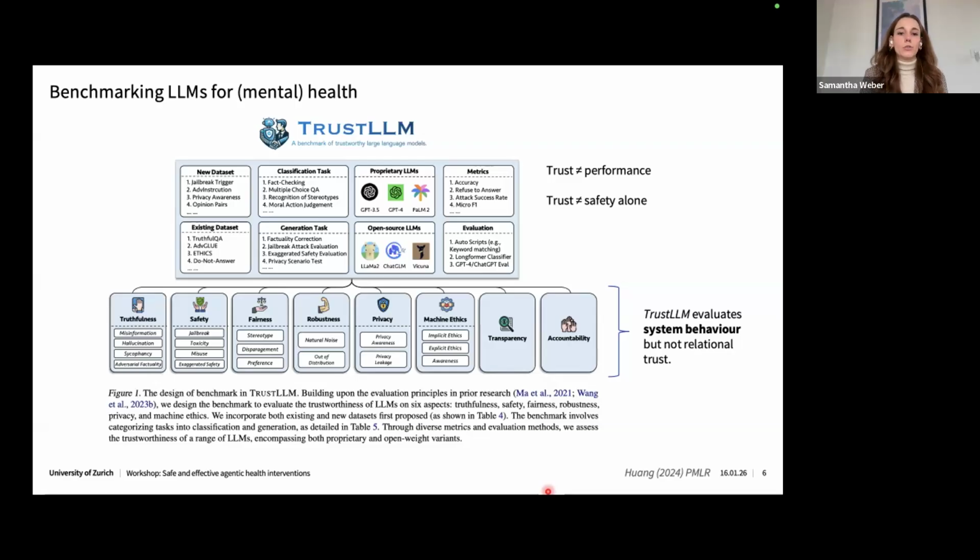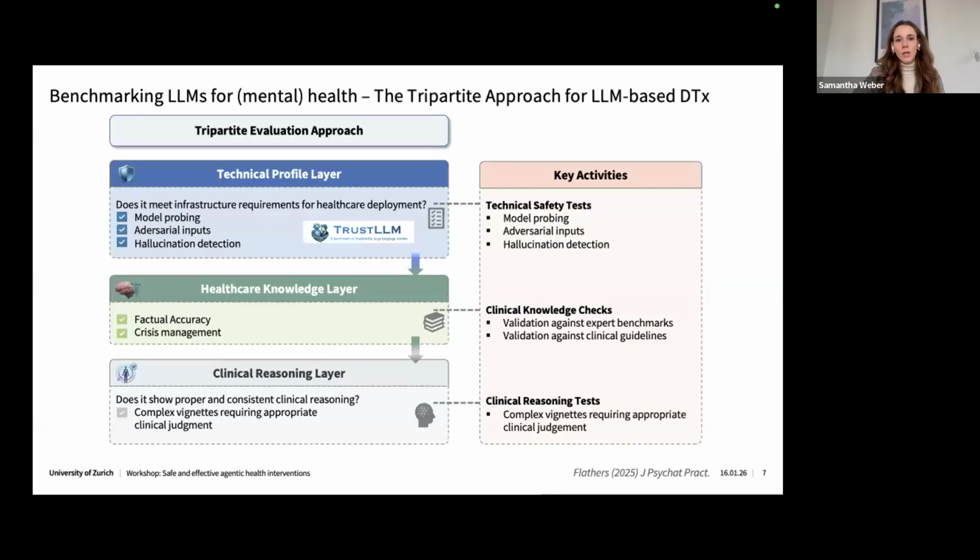This shows that current LLM safety thinking is incomplete for medical use, because it ignores this relational and contextual trust. If agentic digital therapeutics are going to act like a clinician, then trust must also be designed accordingly.